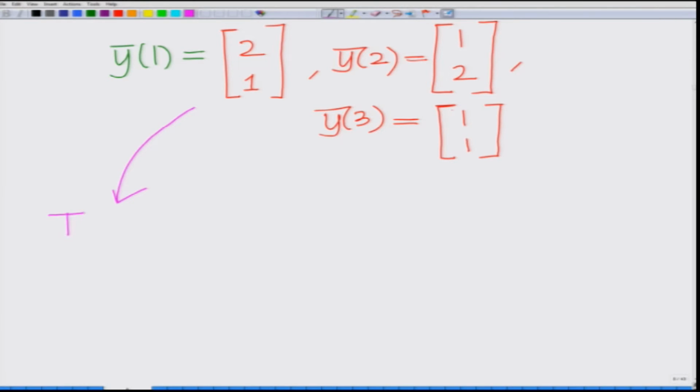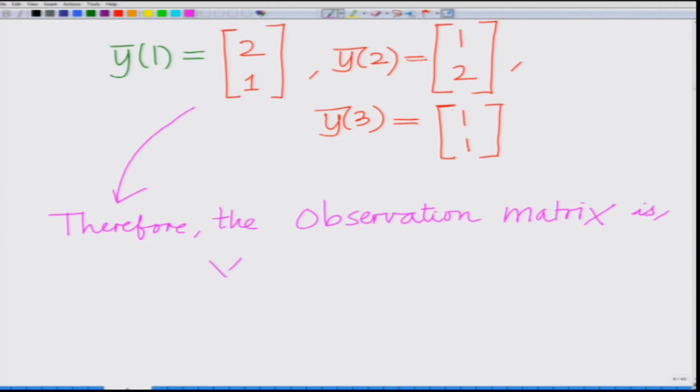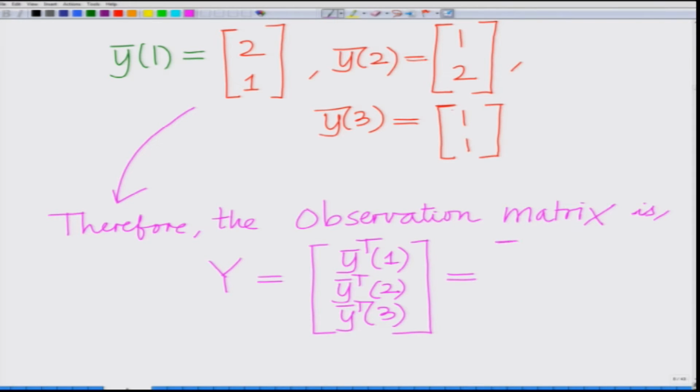The observation matrix Y is y bar transpose 1, y bar transpose 2, y bar transpose 3, that is 2, 1; 1, 2; 1, 1.